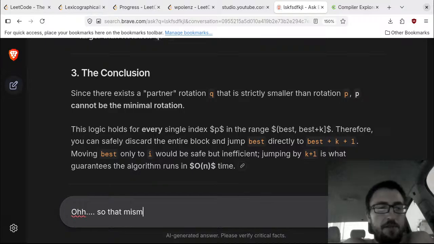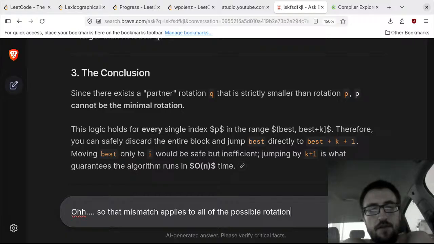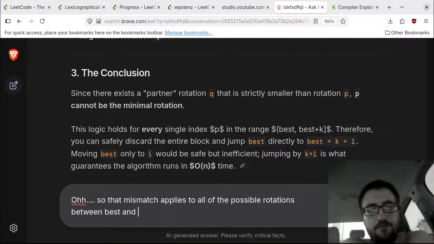So that mismatch applies to all of the possible rotations between them, compared to i. Is that fair?